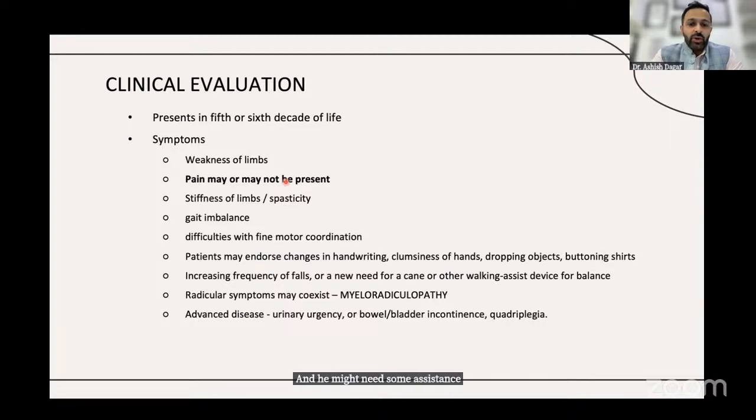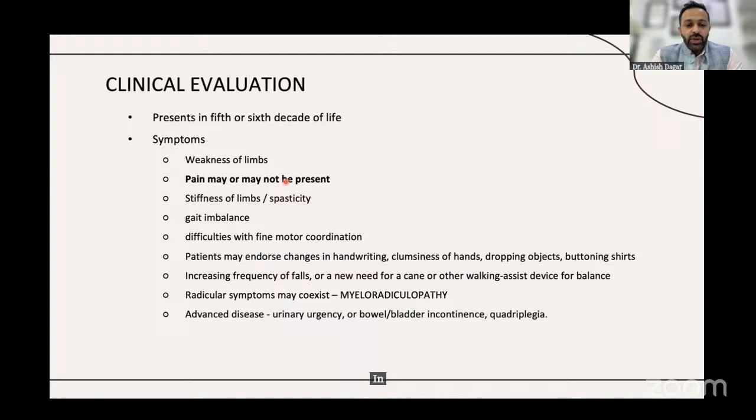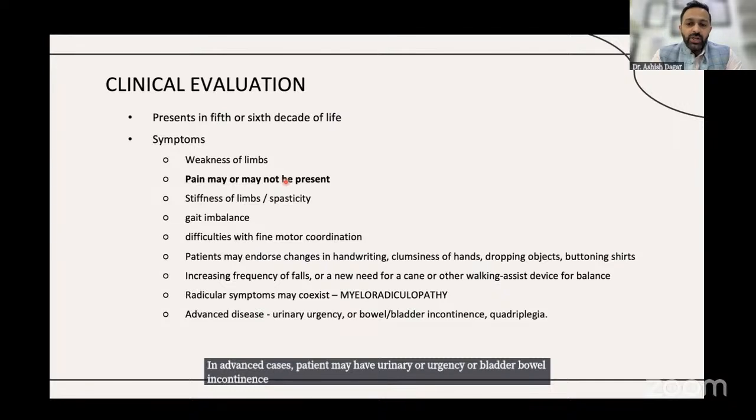Sometimes, as we discussed, radicular symptoms may coexist, and we then treat it as myeloradiculopathy. In advanced cases, the patient may have urinary urgency or bladder and bowel incontinence, and rarely I have seen patients presenting with frank quadriplegia with involvement of bladder and bowel in quite late disease also.